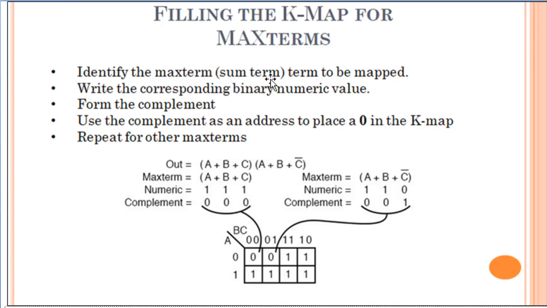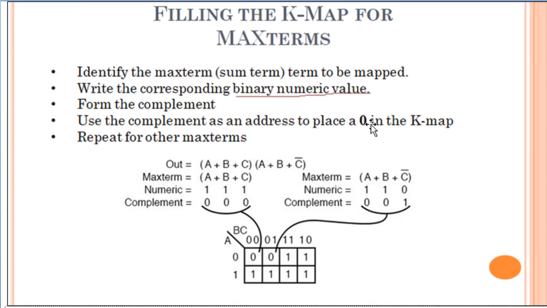Simply identify the max term, write the corresponding binary numeric value, but for the max term we have to form the complement of that binary numeric value, and then use this complemented number as an address to place the 0 in place of 1.